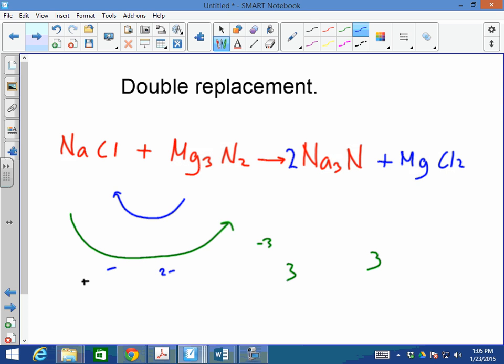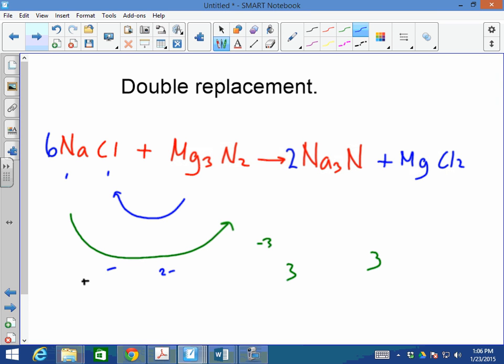2 here. My nitrogens, which is the N, is 2 on my left, 2 on my right. That is good. My sodiums are now 6 on my right, 1 on my left, before the arrow, after the arrow. Let's try a 6 over here. 6 sodiums, 6 chlorines.